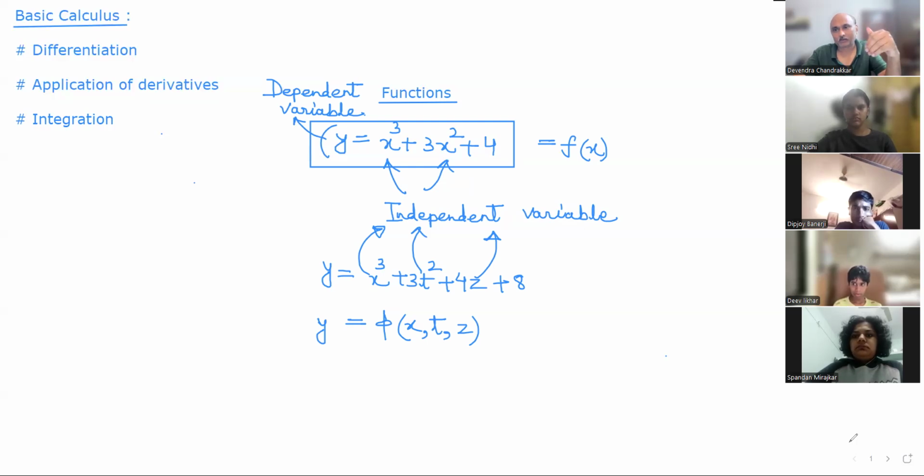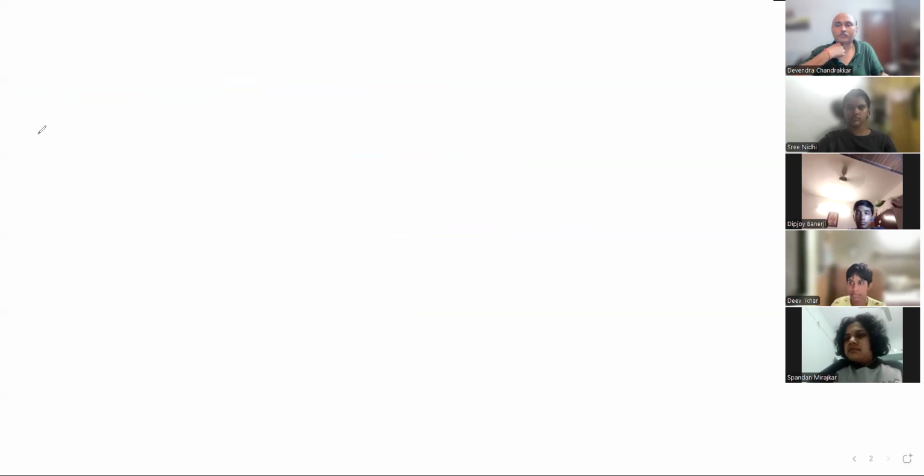So what we want to learn now is, if we change independent variable, how does that change affect the dependent variable? Okay, this is what we are going to learn today. Srinidhi, Spandan, Kushagra and Deep, do you all understand, beta? Yes, sir.